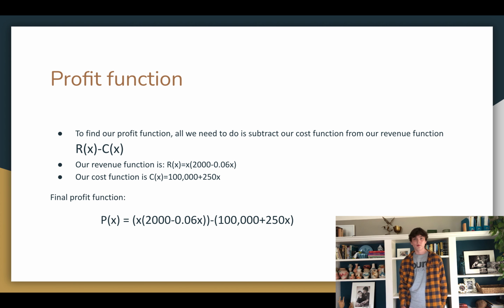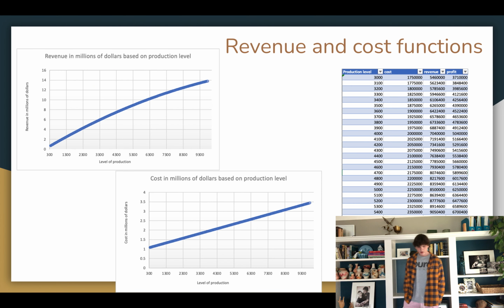Alright, so as soon as we figured out our profit function, we can just move on to the next step. Here are just a couple of charts to illustrate the revenue and cost functions on a graph. As you can see, both are progressing in a reasonably linear fashion.